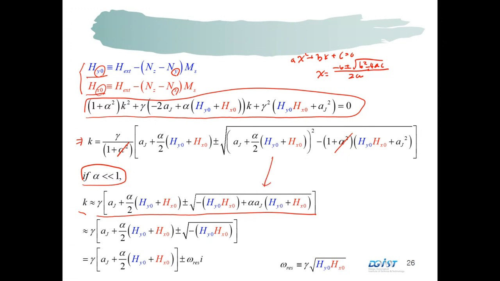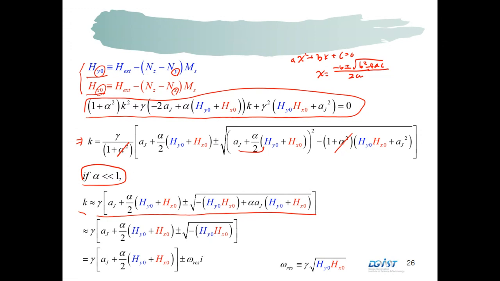From here to here, we also ignored the second order of AJ. Here we have AJ square plus 2 alpha square. Those terms are all dropped. Only the cross term survives here. So generally that is good enough because we assume the effect of the STT is too small.